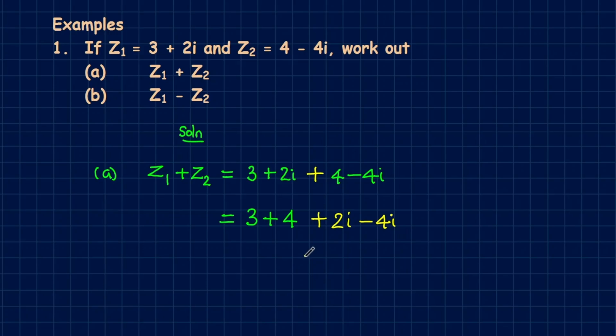What I mean is we can say plus, and we create a bracket here. If we factor out i, we're left inside with only 2 and also minus 4. Now the real part will add itself, and we have 7. So let's simplify what is in the bracket, and we have our 7 plus.